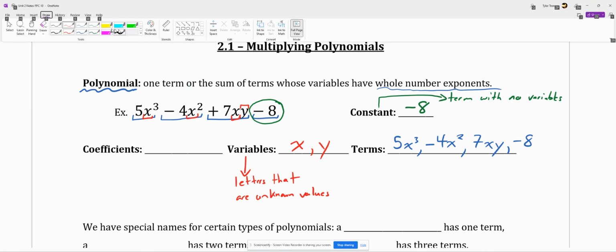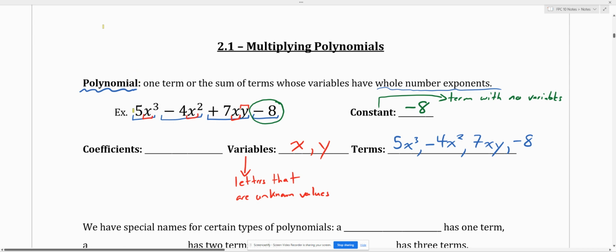Finally, what are coefficients? Well, coefficients are always our numbers that are multiplying in front of our variables. Okay, so we have 3 coefficients in this example. So our coefficients here are positive 5, negative 4, and positive 7.